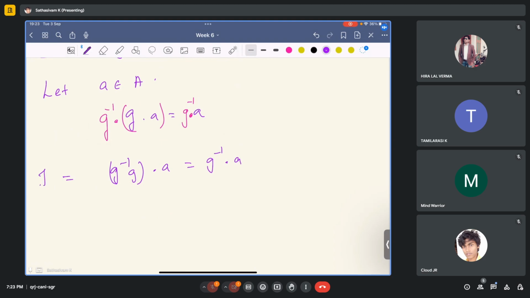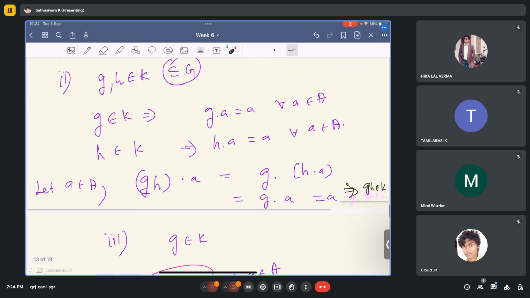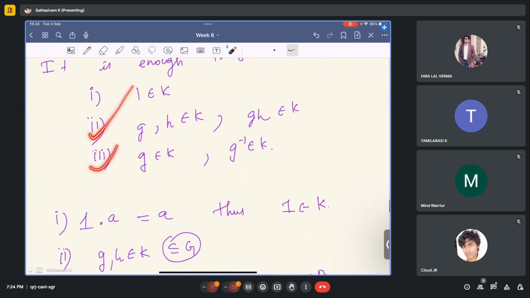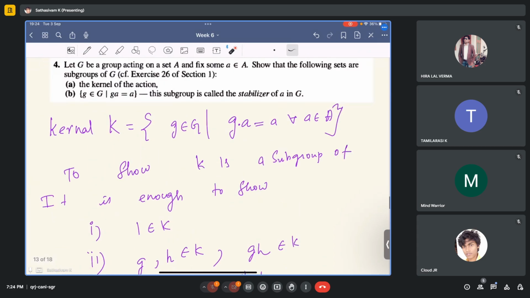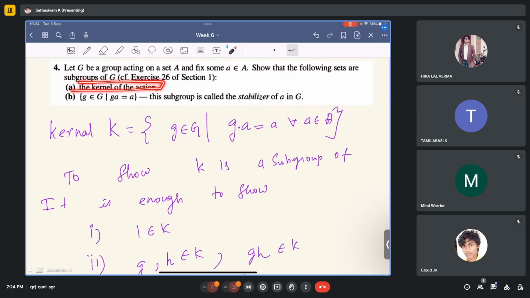This is 1 dot A, which is A. So you have proved that G inverse dot A is A. So all three properties are satisfied. So thus this is a subgroup.